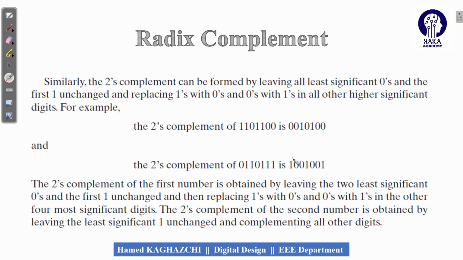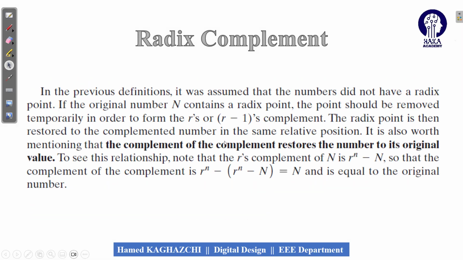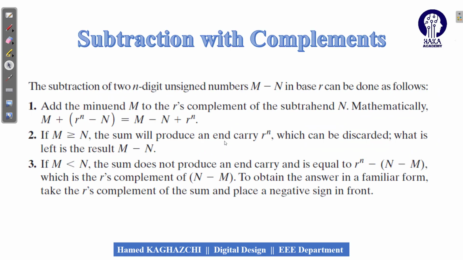Because we want to show you that when I want to write the negative of a number, I have to take the first complement or 2's complement. And using this concept, I can do subtraction. Here I also explained how we can find the radix complement. Now, how can we use the complement in the case of subtraction?